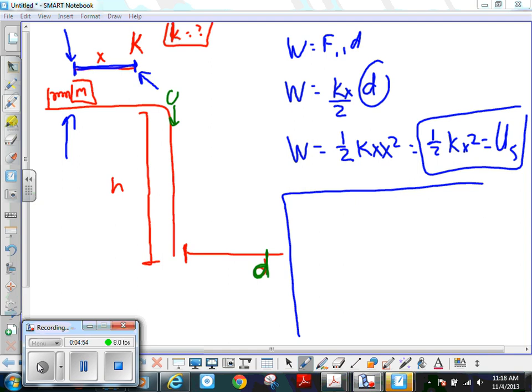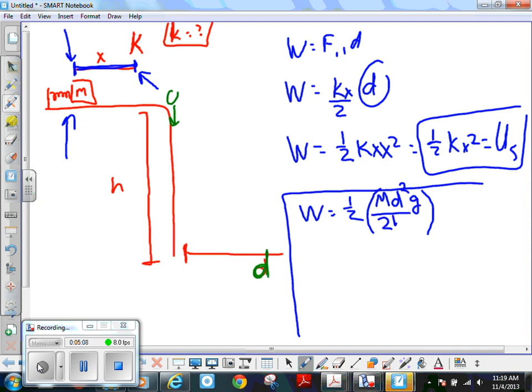So since we don't have k, the work that the spring does is 1/2, and then our solution for k, which was mv squared g over 2hx squared. So that's all k, right? And then x squared again.